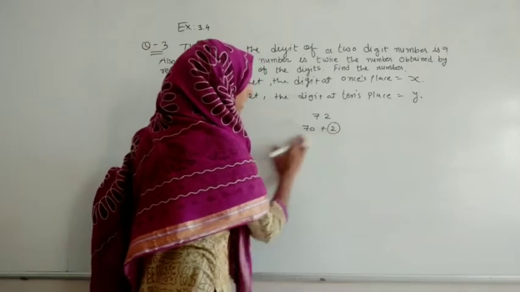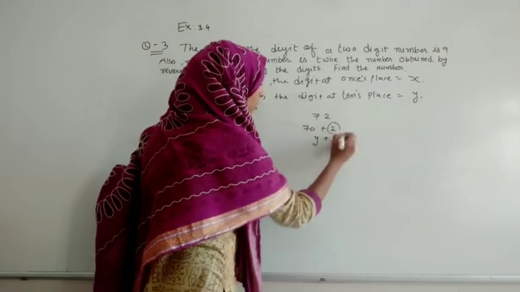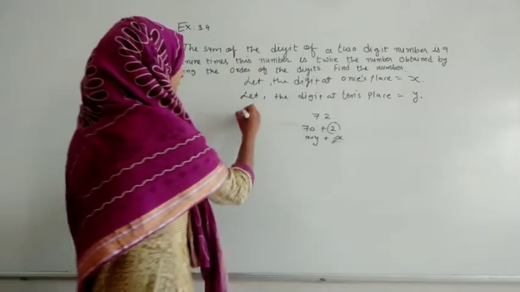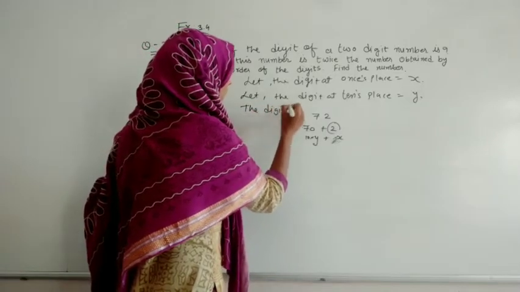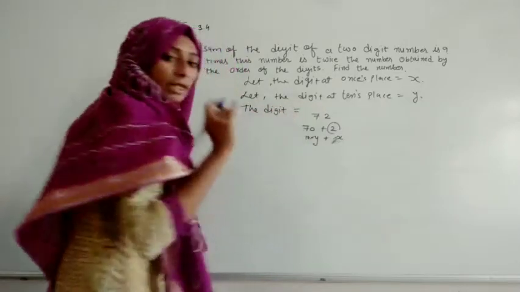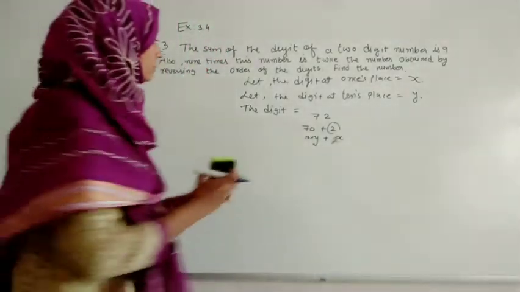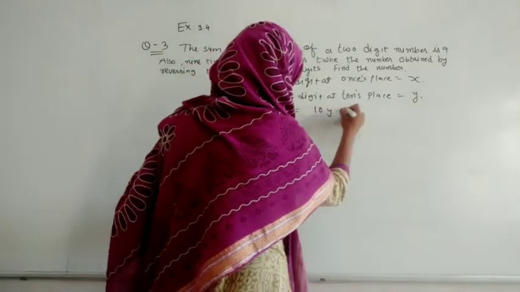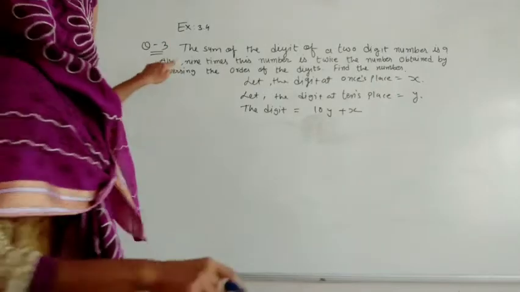So whatever is at y's place, we have to multiply it by 10. So here let me write that the number will become 10y plus x.